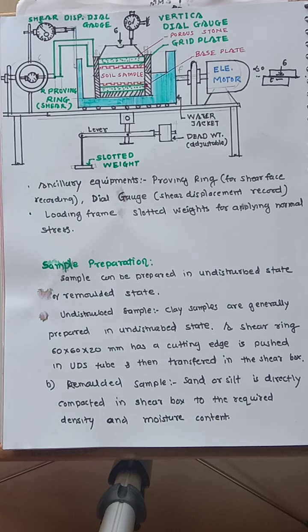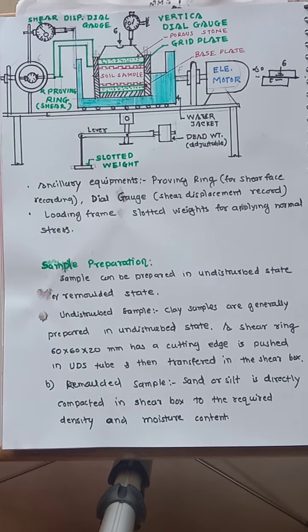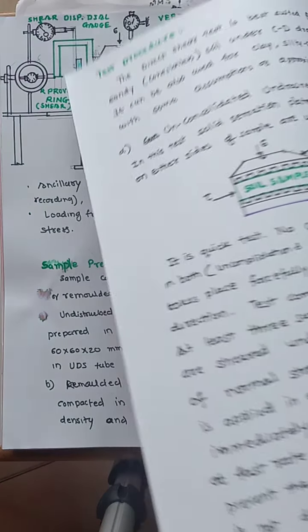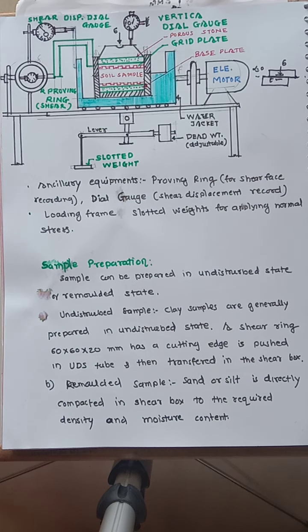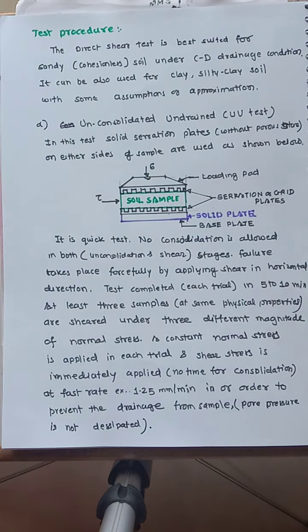If it is 2.5, you get around 90. So this is how the sample is prepared as undisturbed, or sand or silt generally is filled as remolded. Now the test procedure.